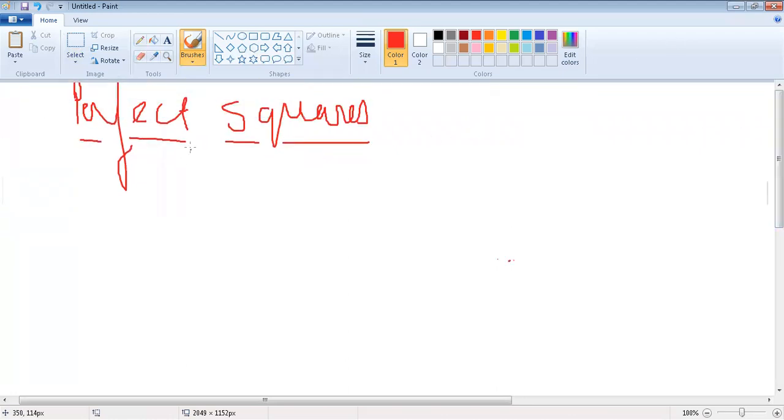Now, perfect squares. There are some properties of perfect squares. Let's start with the first property. Any perfect square of a natural number always leaves a remainder of 0 or 1 when divided by 3, 4, and 2 respectively.